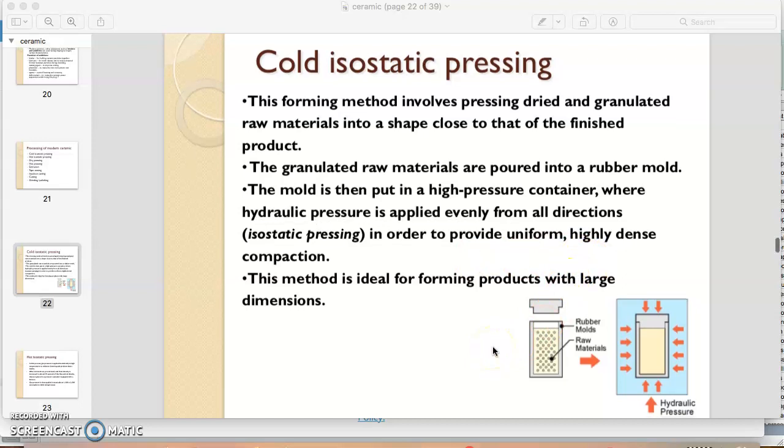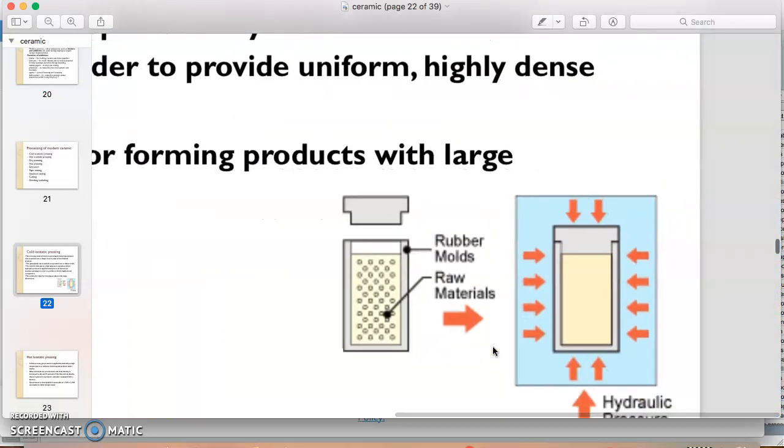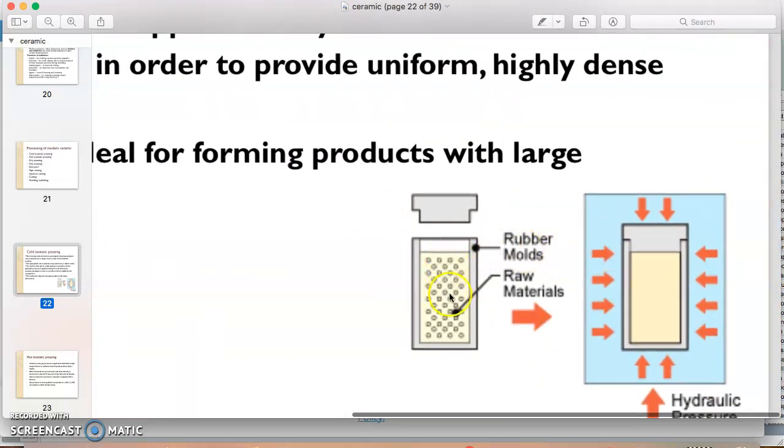So this figure shows what happens in isostatic pressing. The raw material in the form of small particles or powder of ceramic is put in the rubber mold, and the rubber mold is then placed inside the container, and the container is filled up with fluid, and then the hydraulic pressure is applied.